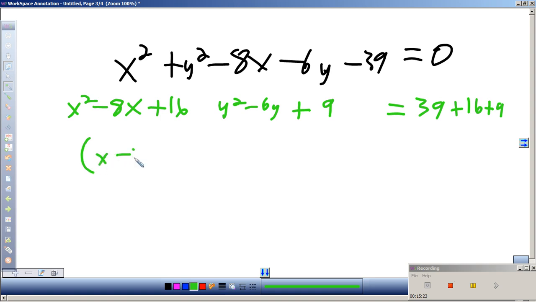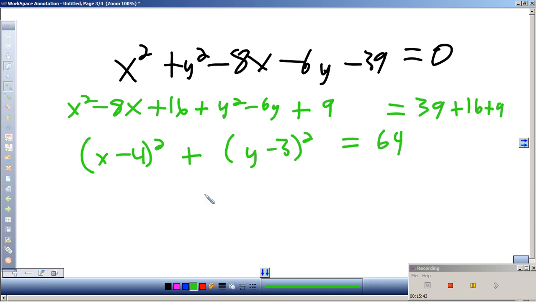Okay, x minus 4 squared plus y minus 3 squared equals, and what are we going to get when we add these all? 64. On the second line, this should be a plus, because it was a positive y squared.